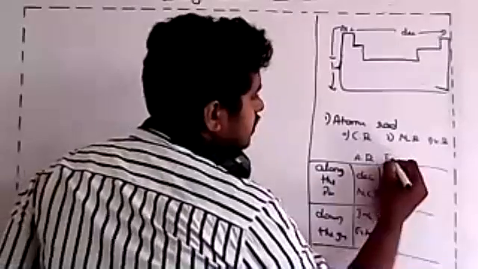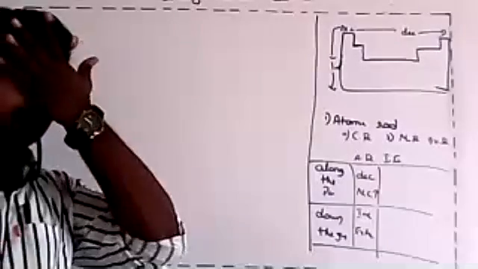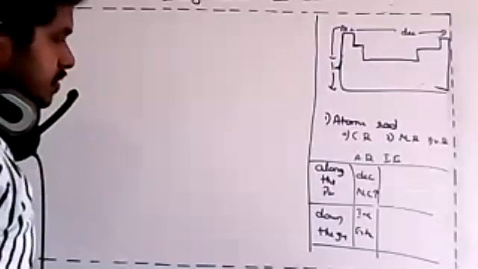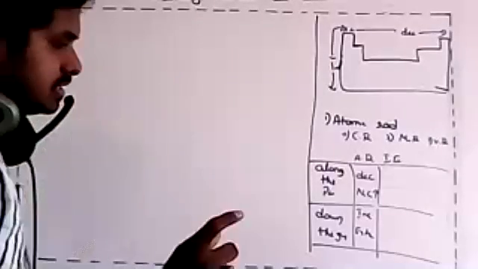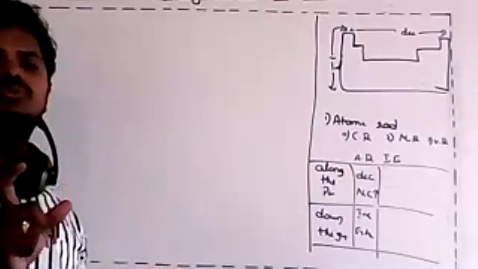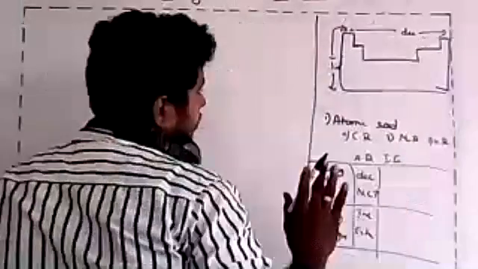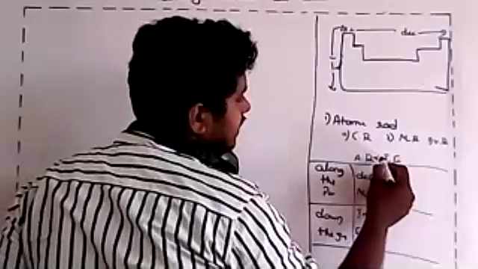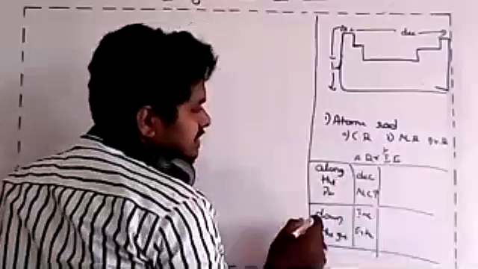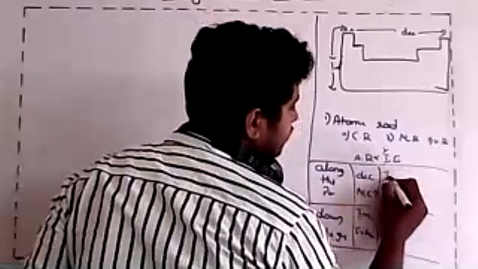After this, we have seen what you mean by ionization enthalpy. Ionization enthalpy is the ability to remove the outermost electron from an isolated gaseous atom. You should add this before writing, otherwise you lose the marks. Since ionization enthalpy is inversely related to the atomic radius, along the period atomic radius decreases whereas ionization enthalpy increases.